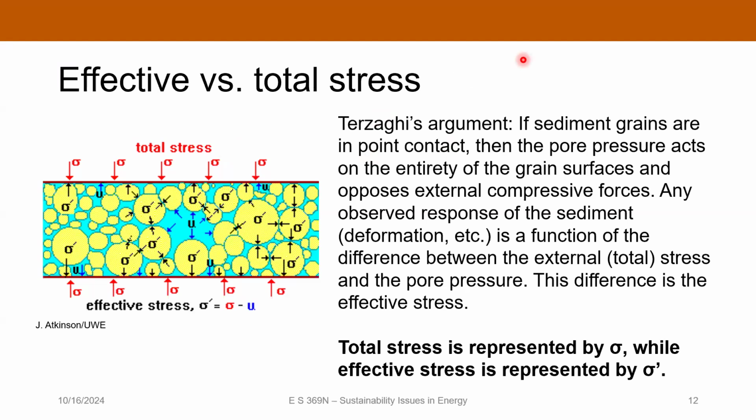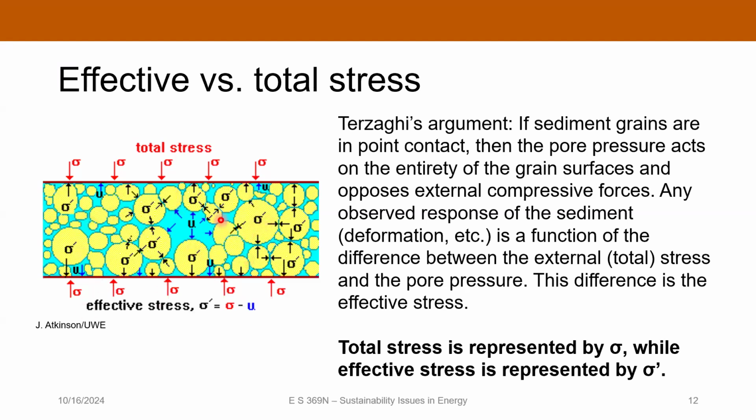He was looking at soils, and he observed that the failure of soils didn't depend just on the total stress you were exposing the soil to, but it also depends on the pore pressure of the fluid that's inside the soil. And so he devised this scheme here to explain this behavior.